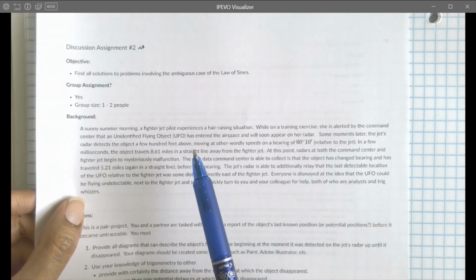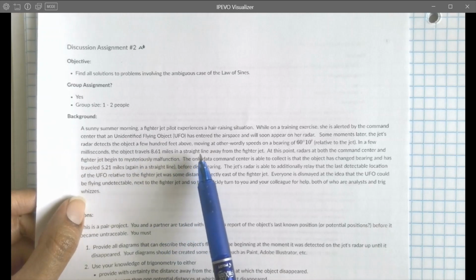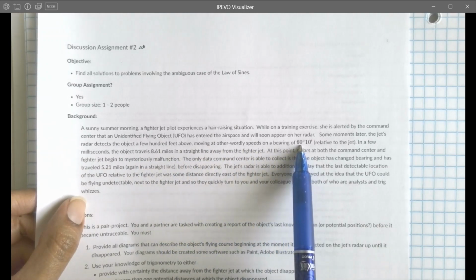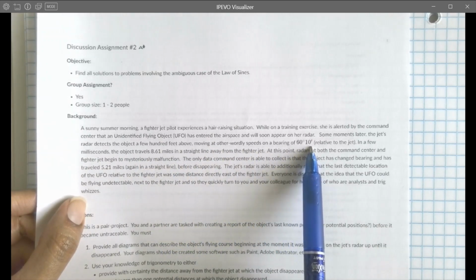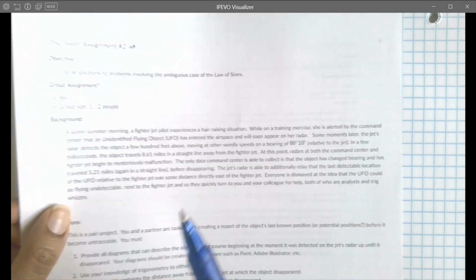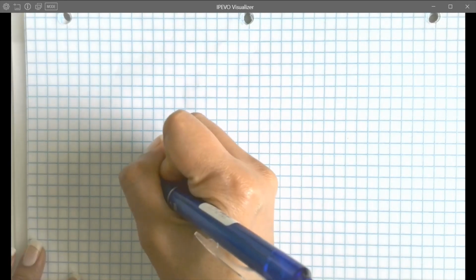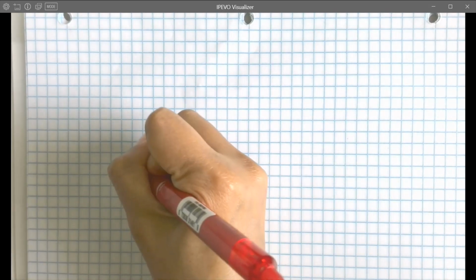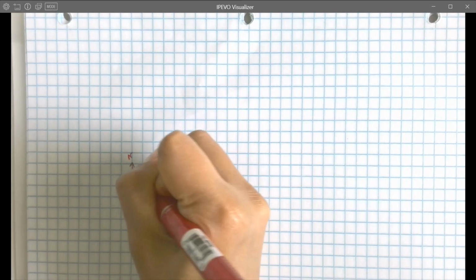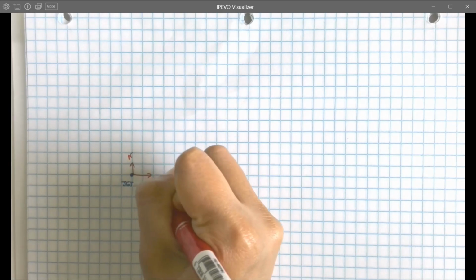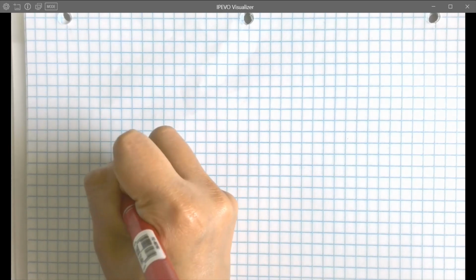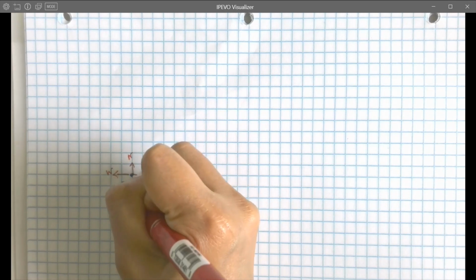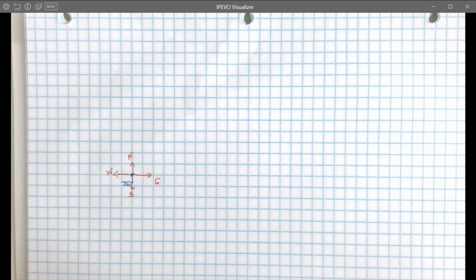Well, it says that the jet detects it moving on a bearing of 60 degrees 10 minutes relative to the jet. So what that means is that if we were to draw the four directions relative to the jet, let's say this is north direction, east, west, and south, the UFO is traveling on a bearing of 60 degrees 10 minutes.